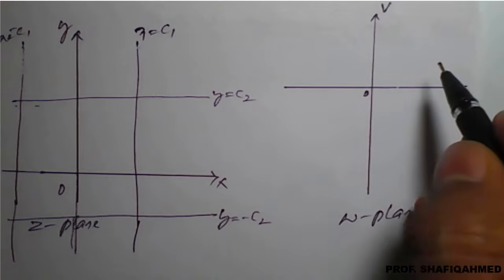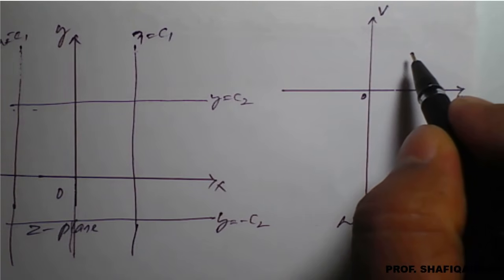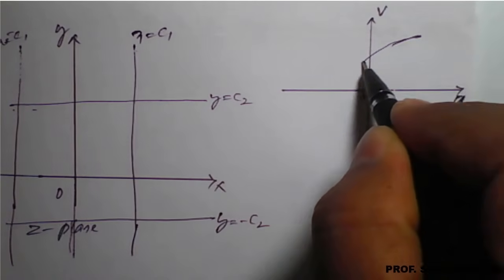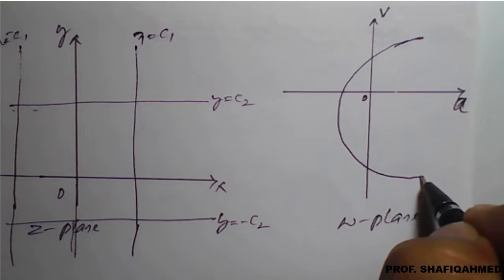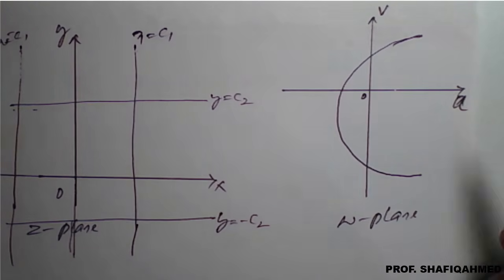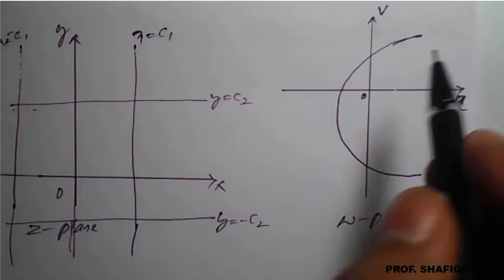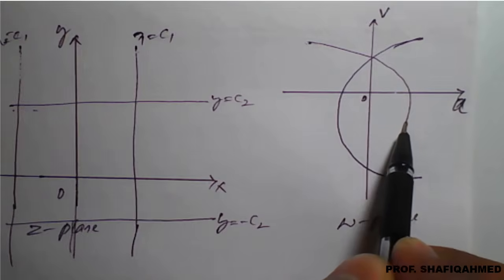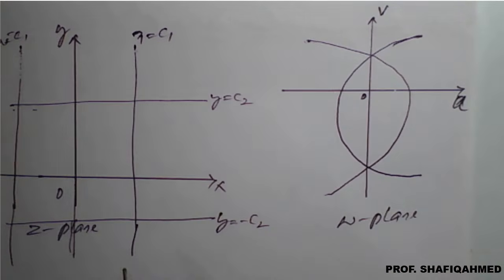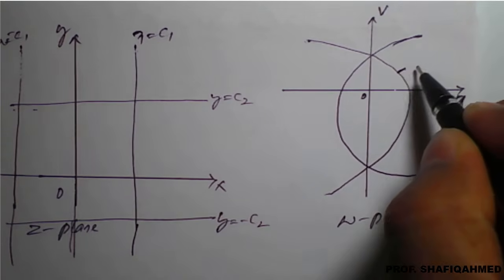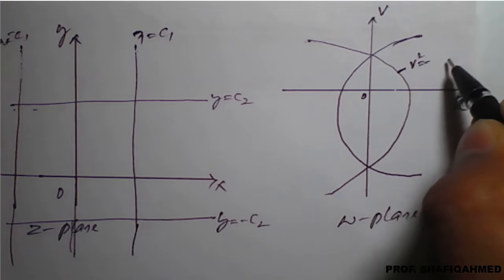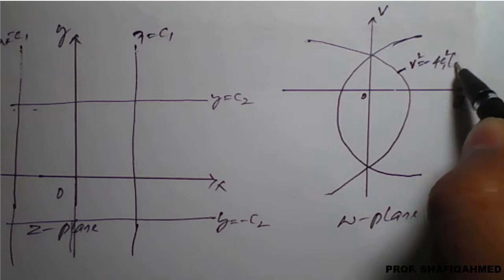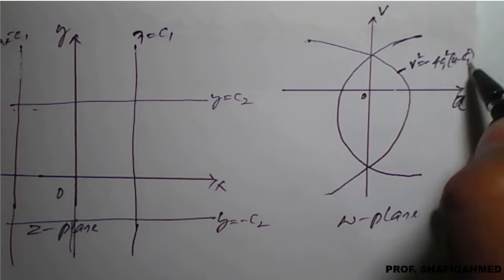So this is one parabola, and another parabola, both will intersect at a common point in both axes. This parabola is v square is equal to minus 4c1 square of u minus c1 square.